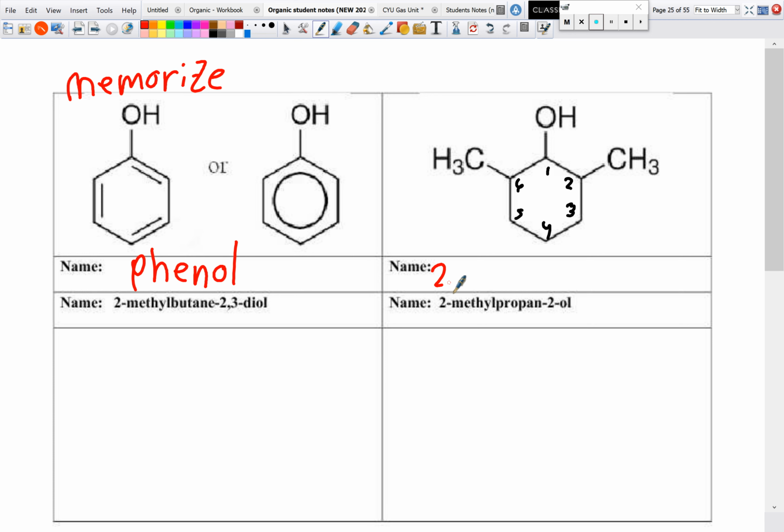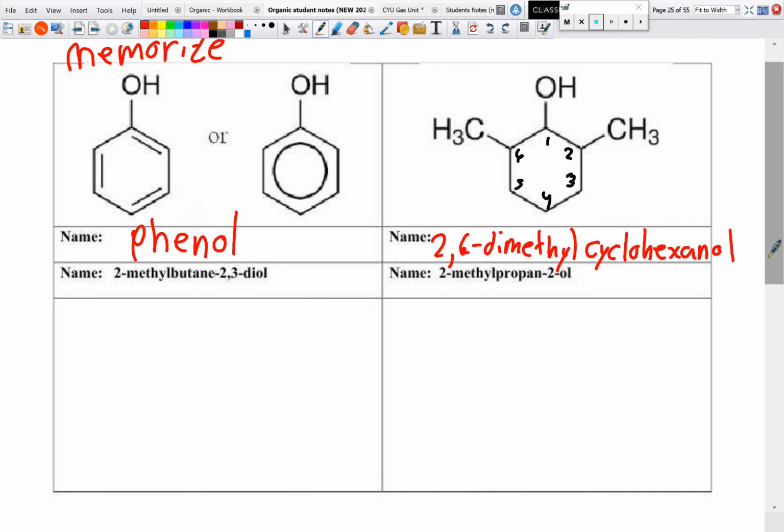So we go 2,6-dimethyl cyclohexane. Oops, that should be an L. Cyclohexanol.